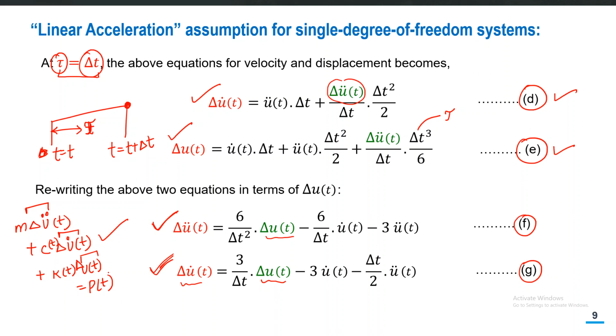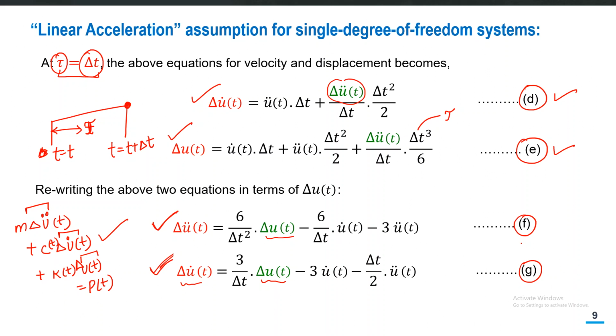The same equations which we have derived for a single degree of freedom system, D and E and then F and G, the rearranged form, can also be demonstrated for multiple degree of freedom systems. The difference is that now u of t will be replaced by the u of t vector.